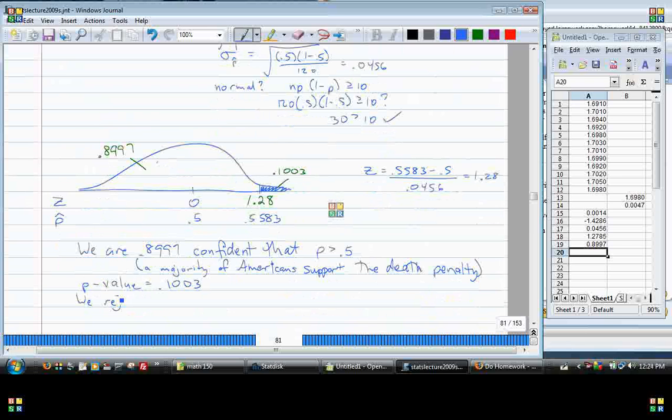We reject, nope, reject H0, with 0.8997 confidence. And again, you can switch the words around. You can say, we are 0.8997 confident that we can reject H0 and accept H1. That's fine too.